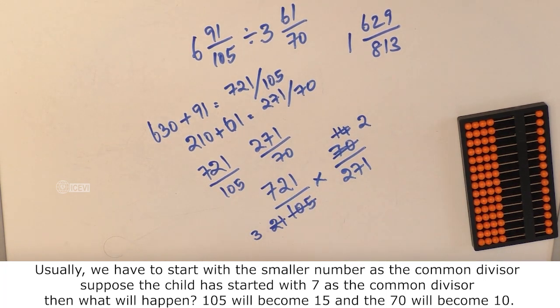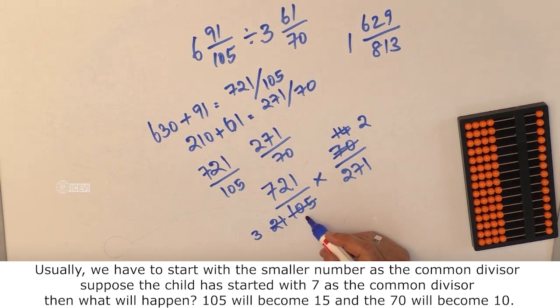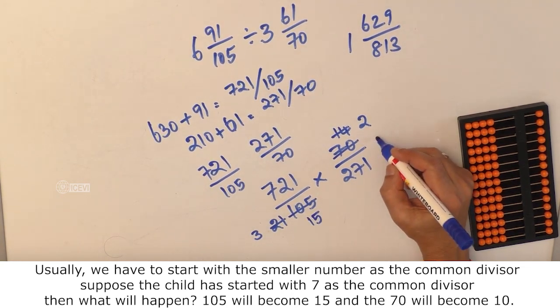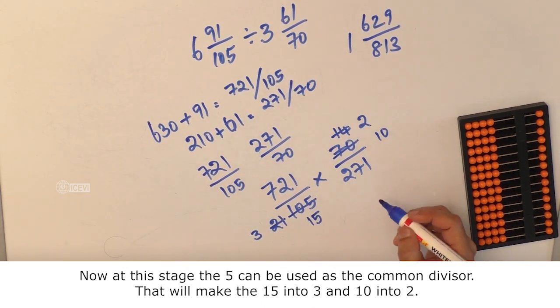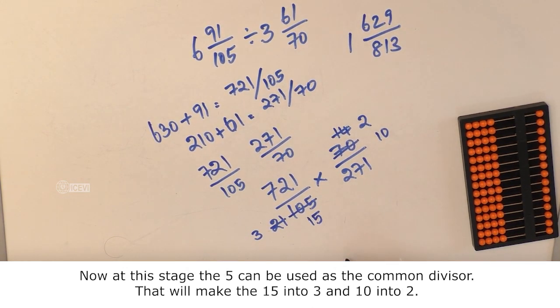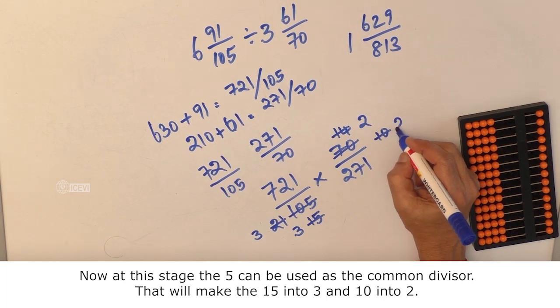Suppose the child has started with 7 as the common divisor. Then 105 will become 15 and the 70 will become 10. Now at this stage the 5 can be used as a common divisor. That will make the 15 into 3 and 10 into 2.